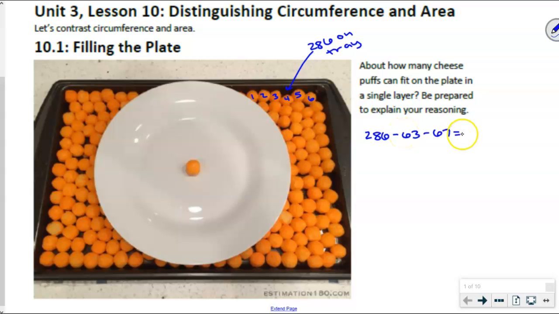And that gives you a total of 153? 153, okay. 156, thank you. Okay, that would work. What if we didn't do this prior? Is that strategy going to work if we didn't previously do our estimation 180 to know how many are on the tray? No. So that's a strategy. Okay, tell me another strategy that was used.